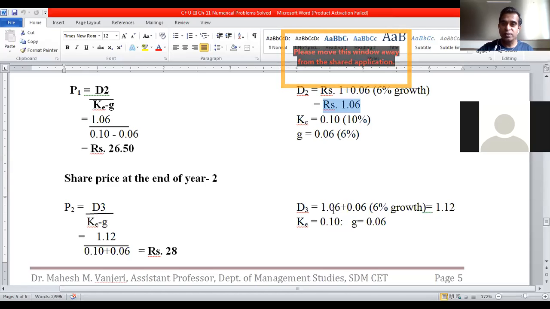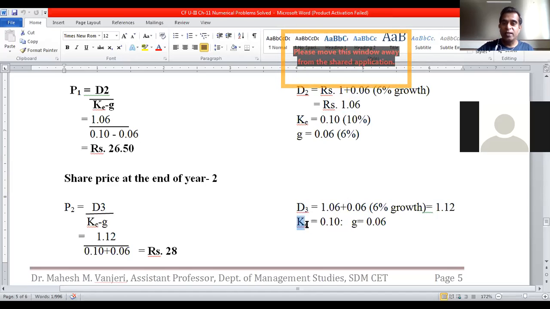So 1.06 plus 6% of 1.06. Sorry, 6% of 1 is 0.06, which we need to add to this. So 1.06 plus 0.06 is equal to 1.12, which is D3, the expected dividend at the end of year 3.